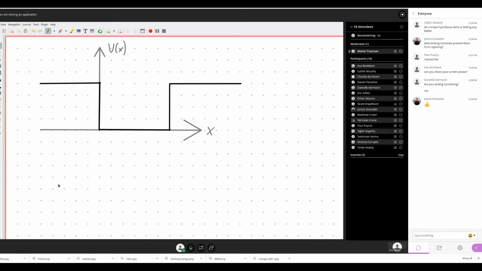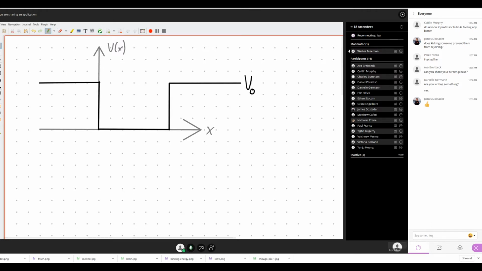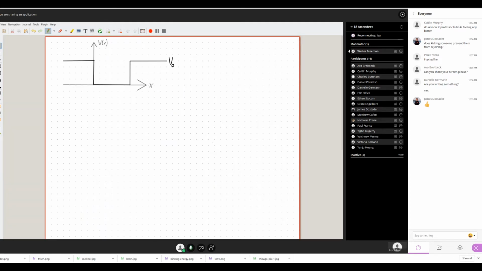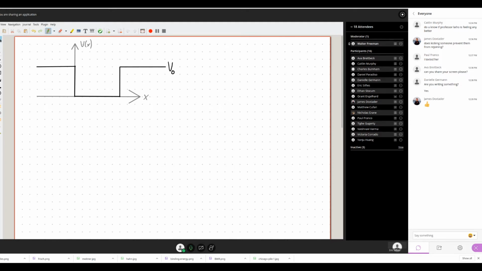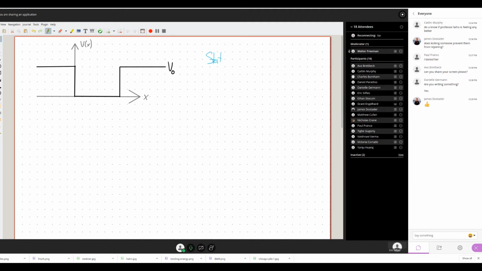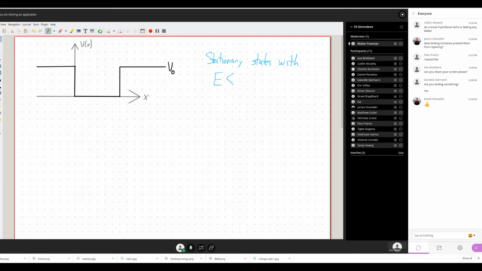Anyway, for the finite well, this potential is V naught, and we're imagining particles with stationary states with energies less than V naught.